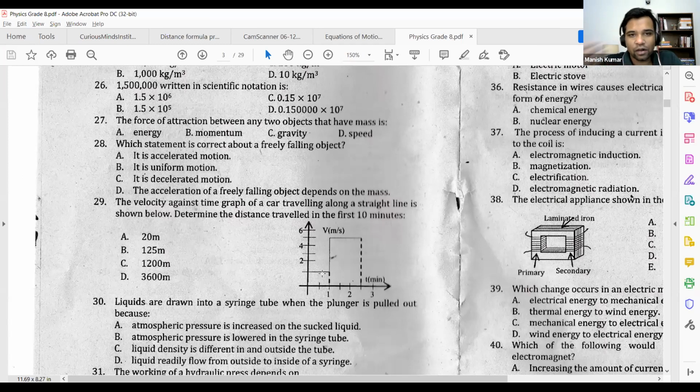If the velocity is 1 meter per second, it means that every second the car is covering 1 meter. So in 60 seconds, or 1 minute, how many meters will it cover?